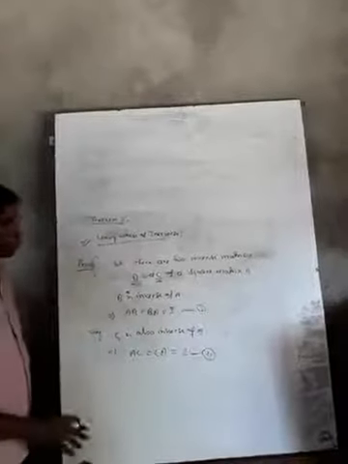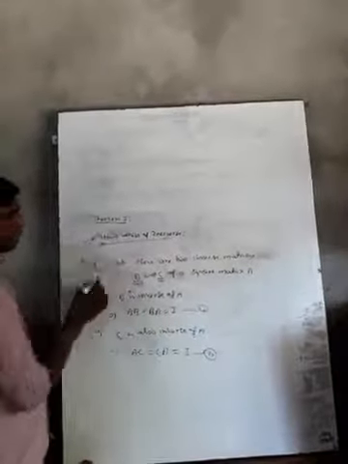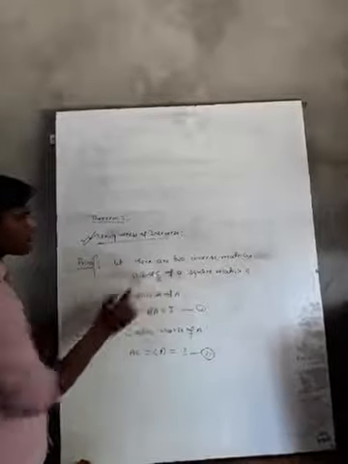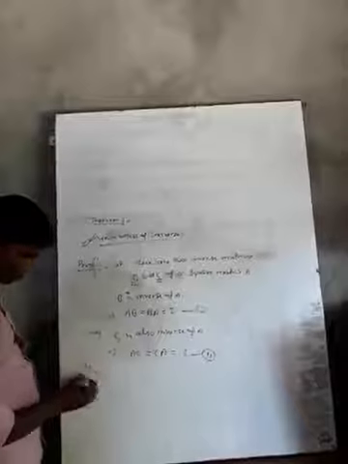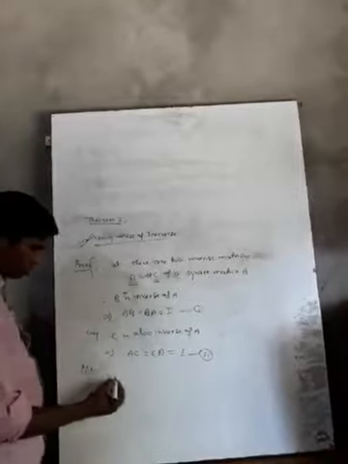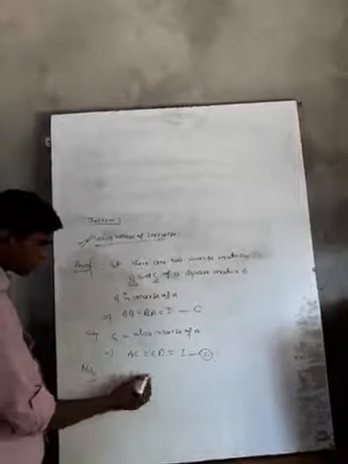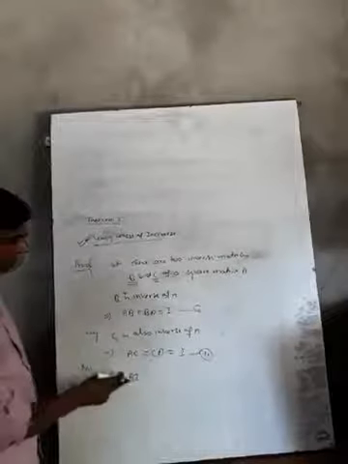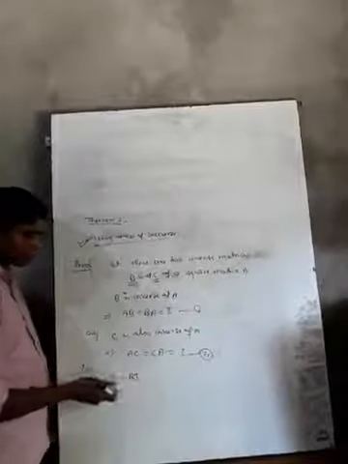Now we have to prove uniqueness, meaning B and C are the same matrix. B equals B into I, because when we multiply any matrix with the identity matrix, we get the same matrix.